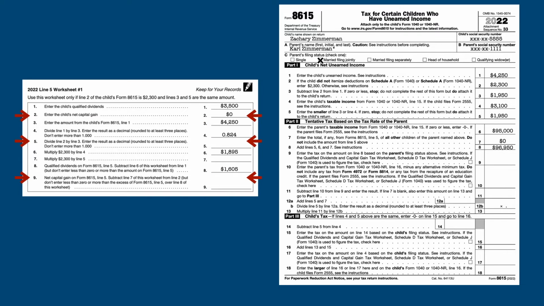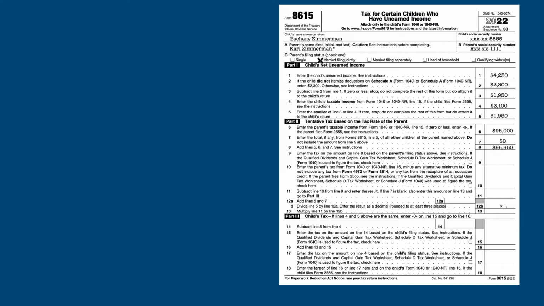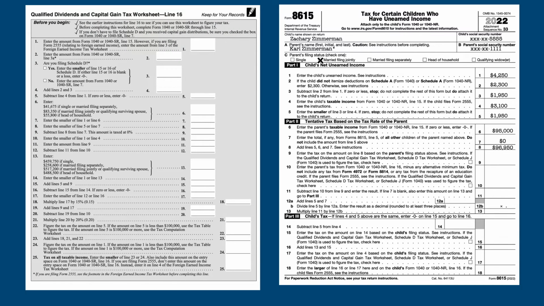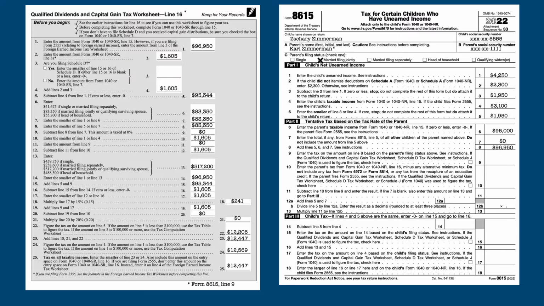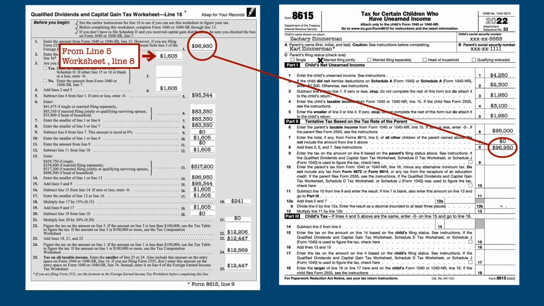Carl and Dorothy's taxable income, including Zack's income and qualified dividends subject to Kiddie Tax, are put into a qualified dividends and capital gains worksheet to figure the amount of tax. I've already covered the QDCGW in an earlier video, but there are two differences. Line 1 of the worksheet is the amount from line 8 of Form 8615, and line 3 comes from line 8 of the line 5 worksheet.